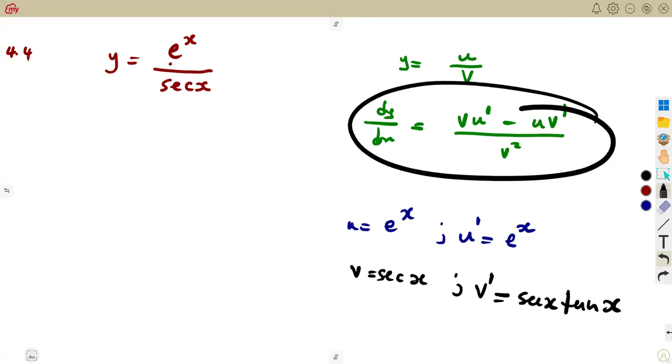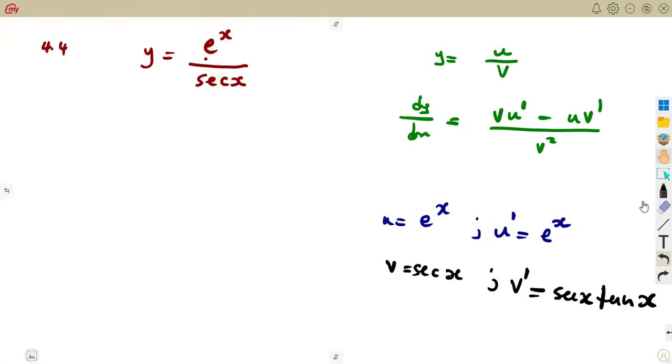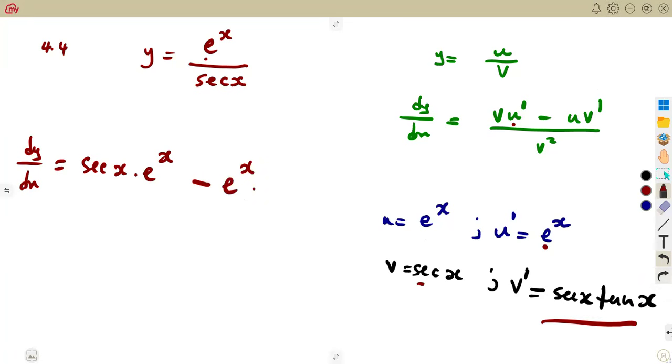So this is it. With our formula, we're going to substitute. This is our formula, quotient rule. Remember, they said using the quotient rule. So if we are to use this formula, we're going to have v, which is the sec of x, into the derivative of u, which is e to the exponent of x, minus u, which is e to the exponent of x, times the derivative of v, which is sec of x and tan of x.